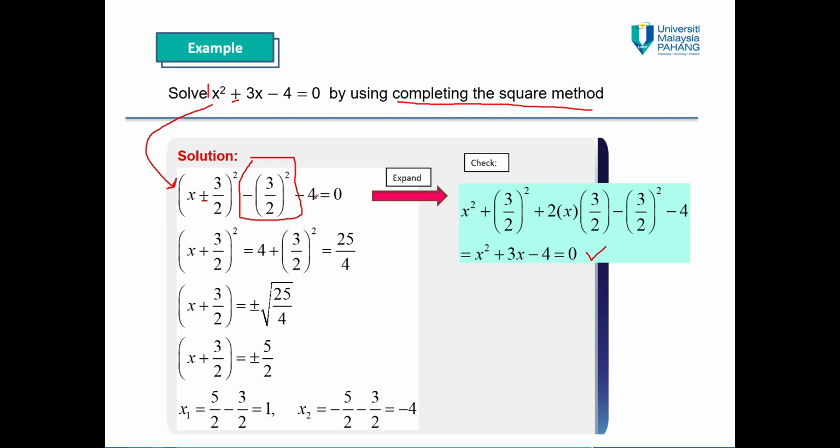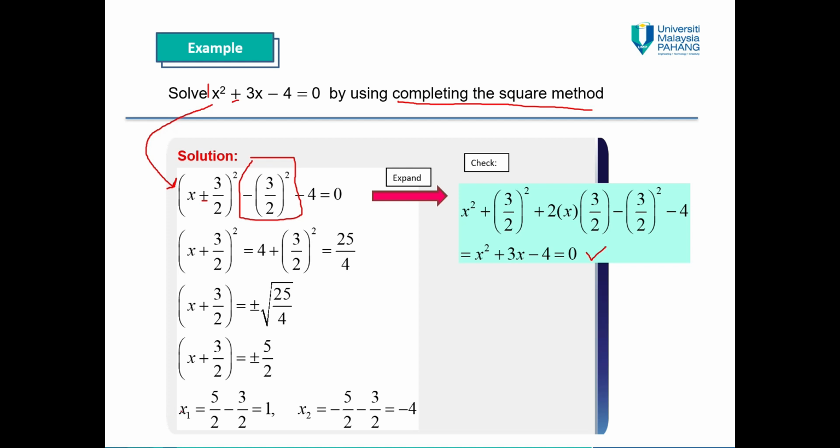Alright, for this one, we need to simplify this, solve this for a number. So when you're solving this, you are getting 25 over 4. Bring this to the other side of the equation, 25 over 4. So solve for the power 2, bring to the other side of the equation. You have the plus minus square root 25 over 4. And then x plus 3 over 2 is equal to plus minus 5 over 2.